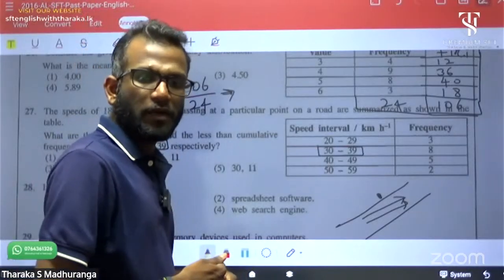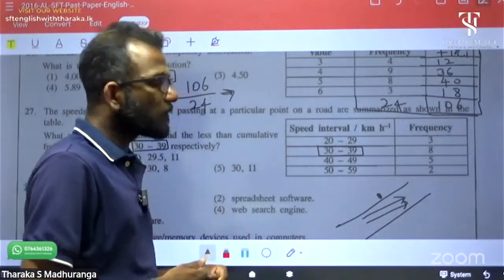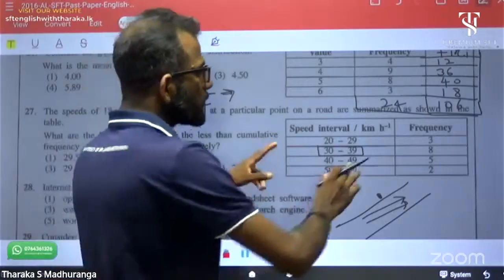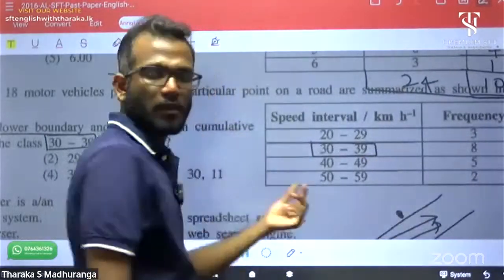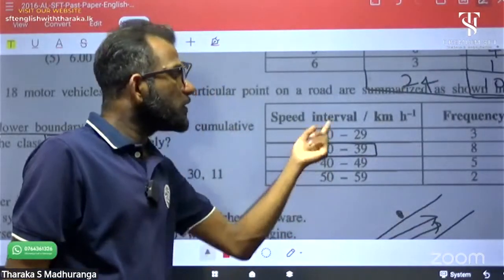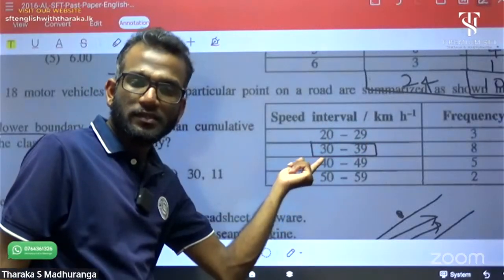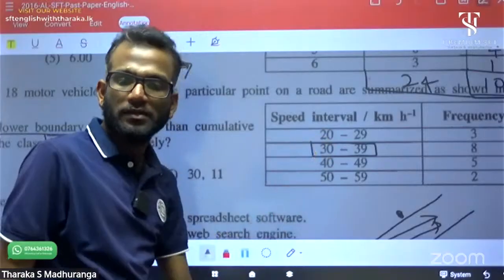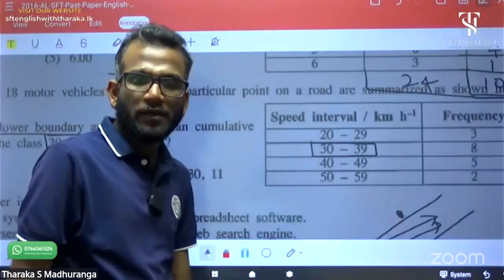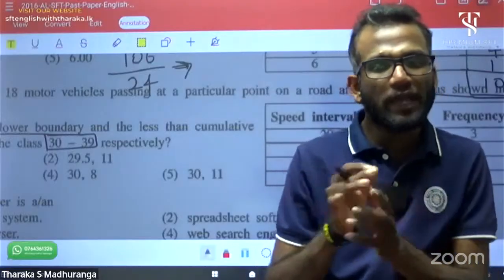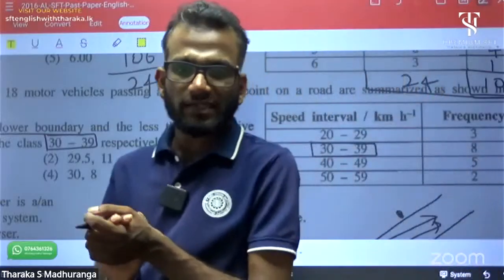No. Check again. This is a table. 20-29, again starting at 30. It has a gap. What's the meaning of continuous frequency distributions? They don't have gaps between classes.